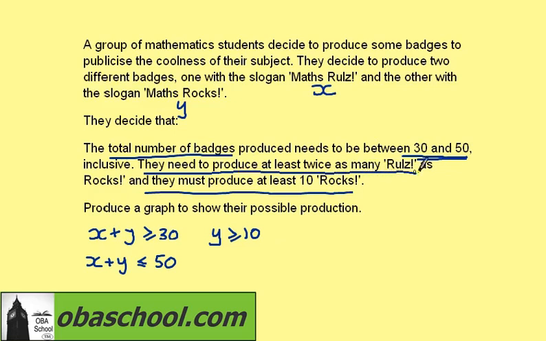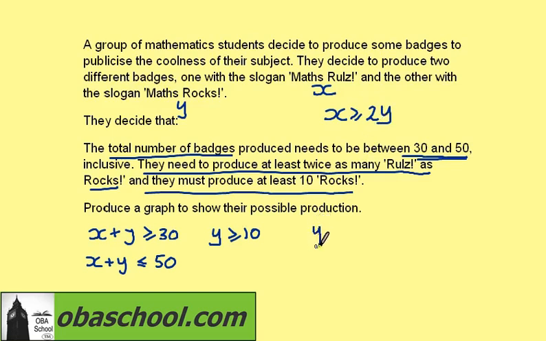We're now told that they need to produce at least twice as many rules as rocks. Consider this is the number of rocks. This is the number of rules. So twice the number of rocks would be 2 times Y. We have to produce at least this many, so X is greater than or equal to 2Y.